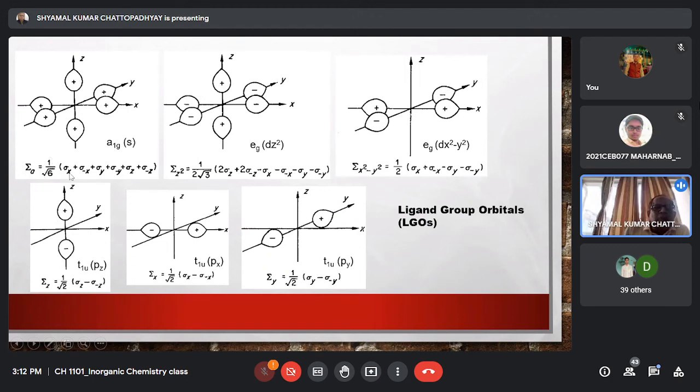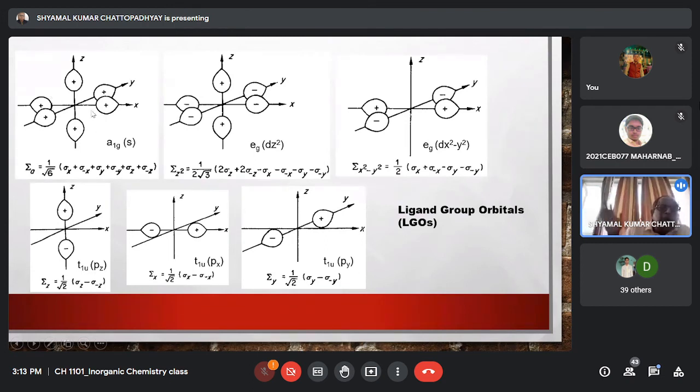So the first ligand group orbital is this, where all 6 ligands contribute equally, and all with plus sign. That means a uniform sign of the wave function.